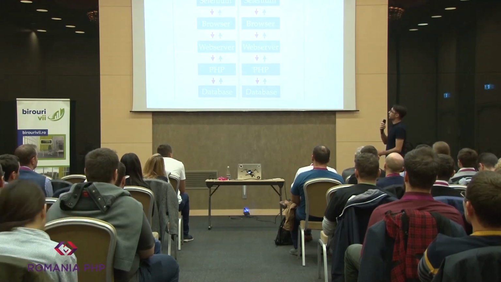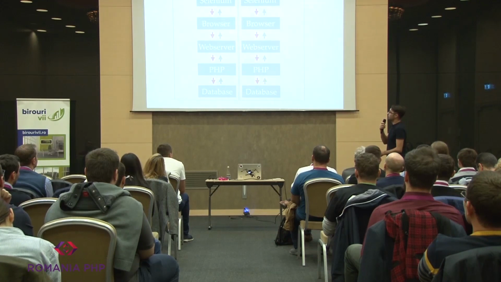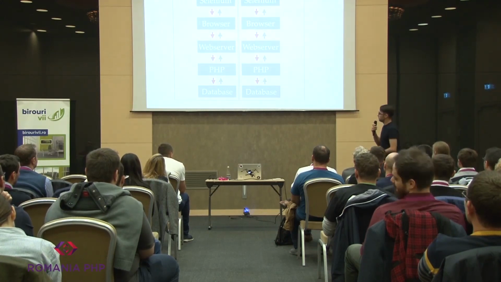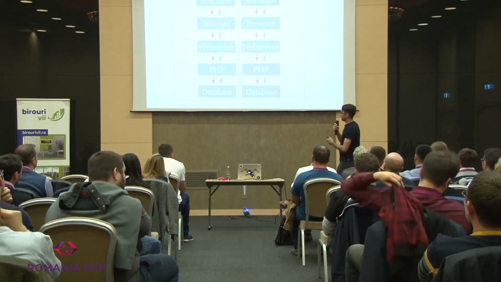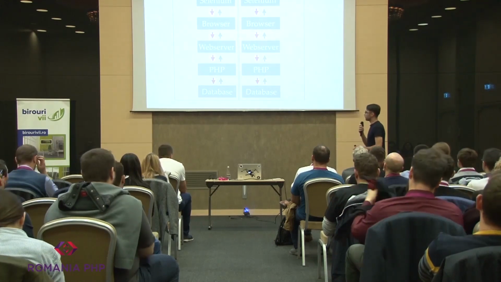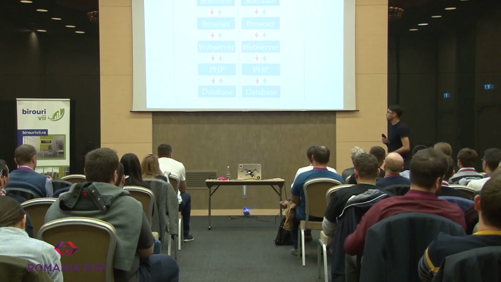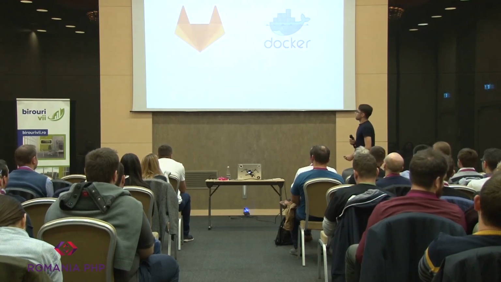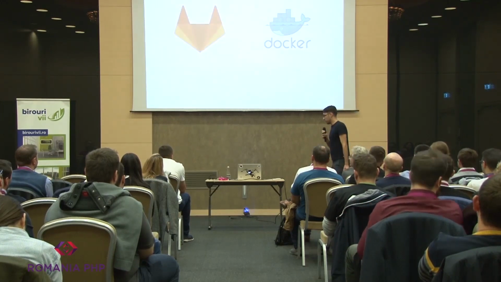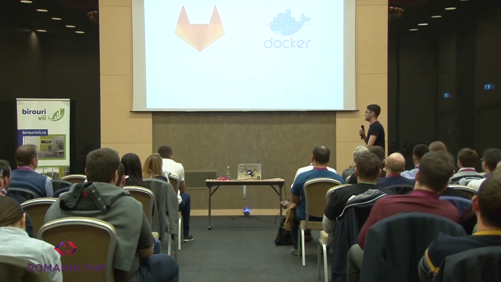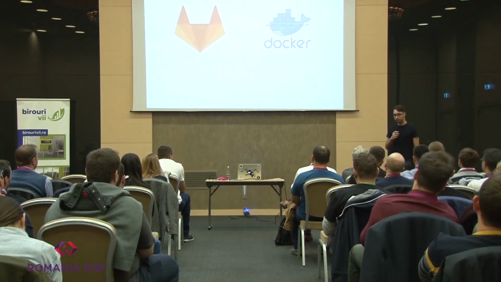So we could technically reuse a Selenium hub and a web server. I won't get into that, and we'll stick with full isolation. And this is where, in my case at least, GitLab CI and Docker came in handy.